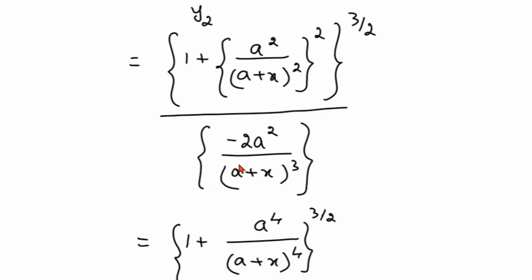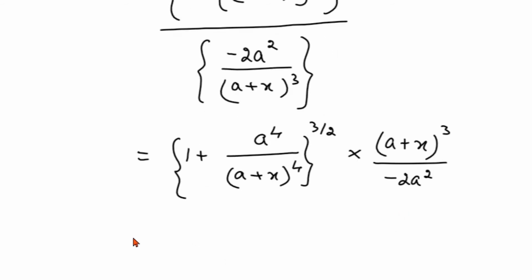So if I try to simplify this one, it comes in the numerator and you can write it as (a + x)³ divided by −2a². So it becomes reciprocal when it comes to the numerator. Now this will be equal to, if I take the LCM in this case, LCM is (a + x) to the power of 4. So just cross multiply this one.